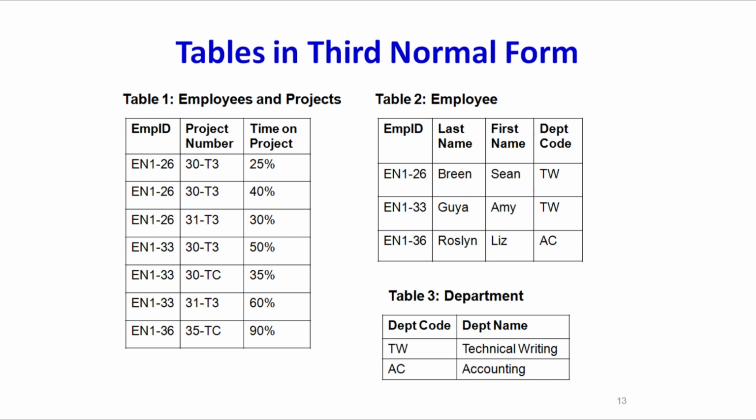Now, converting that data in second normal form to third normal form, you have to remove all columns or attributes which are not dependent on the primary key, and then we'll have 3 tables. The first table is employees and project, where we have employee ID, project number, and time on project. Table 2 is employee. Table 3 is department.